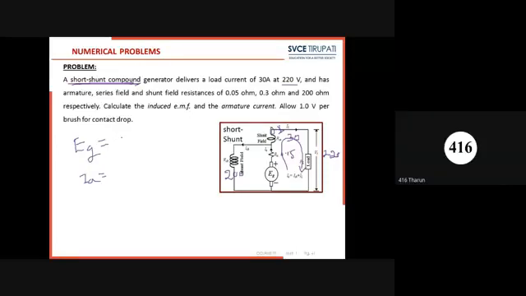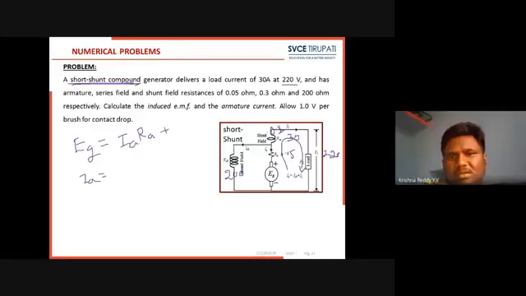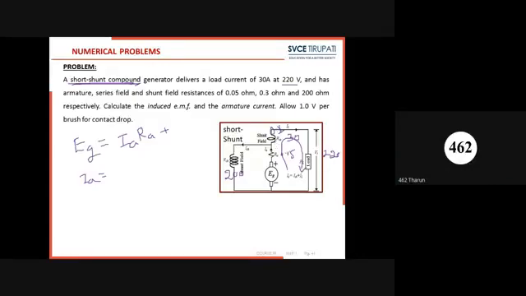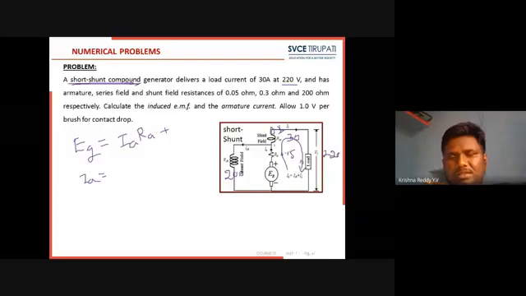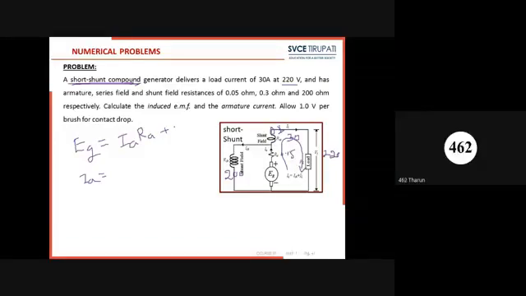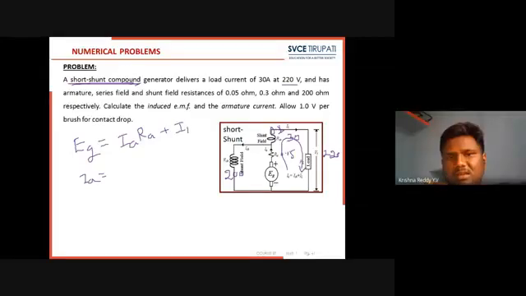EG is equal to IA into RA, plus IL into RSE, where the armature current is split into ISH and IL, plus the load voltage V. Or otherwise, we can write IA into RA plus the voltage drop across the shunt field winding, ISH into RSH. Mainly we prefer this equation.